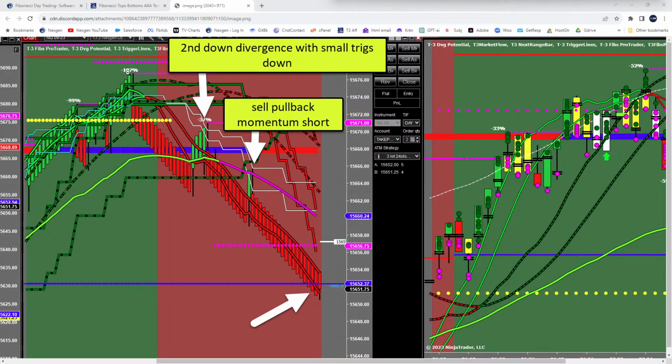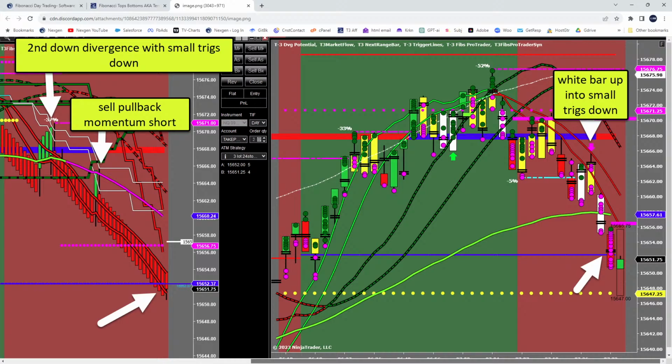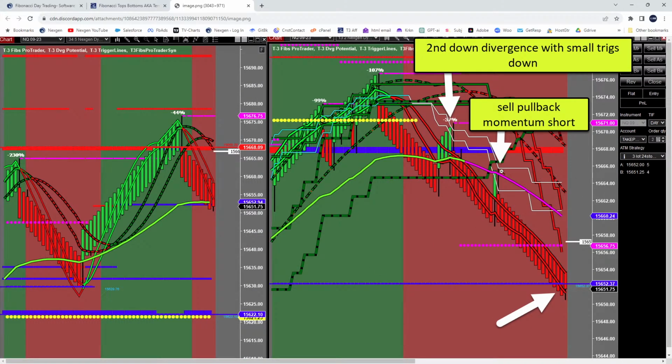So look, divergence and then a pivot with a lower divergence initiates continuation to the downside. And I think I had done a momentum short trade in this area from the mid-band. And again, there wasn't a lot of room, but that's okay. But it was the second down divergence that told me that we're going to continue lower.